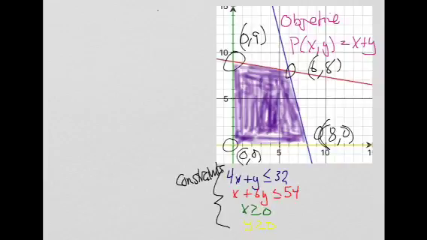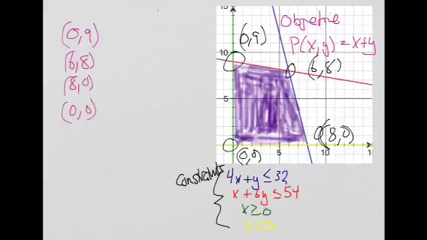So to figure out what's my best bet, I'm going to go to my objective. I'm going to just list out my 4 points: 0, 9. 6, 8. 8, 0. And of course our old favorite, 0, 0.